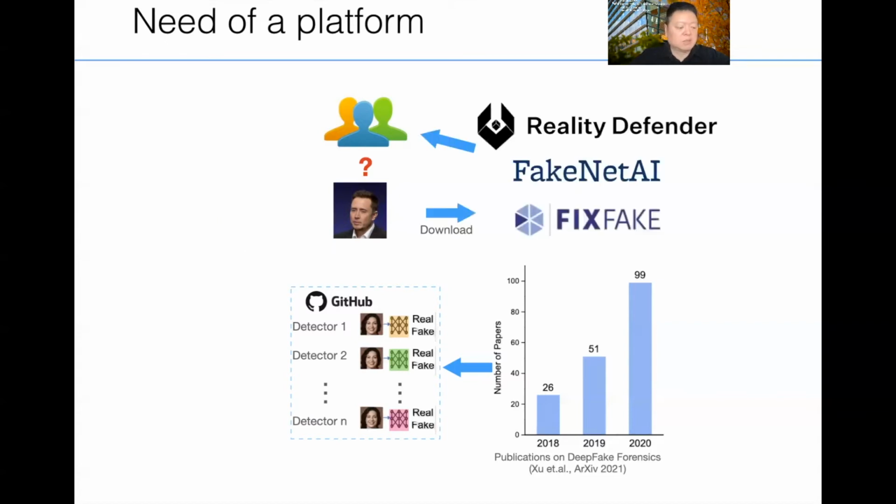The alternatives are a few services that provide analysis of authenticity of digital media, specifically targeting deepfakes, such as the Reality Defender from Microsoft, and some services provided by a few startup companies. But these platforms usually use proprietary detection algorithms, which may not be able to keep up with the fast development of deepfake synthesis algorithms.